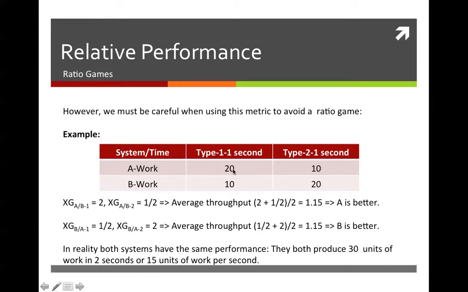That is 20 units of work per second and 10 units of work per second. So that ratio is equal to 2. But then in the second case, the work gain would be 1/2, because A produces 10 units of work, whereas B produces 20.